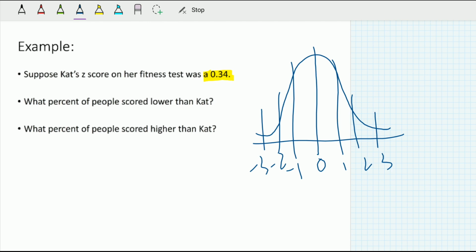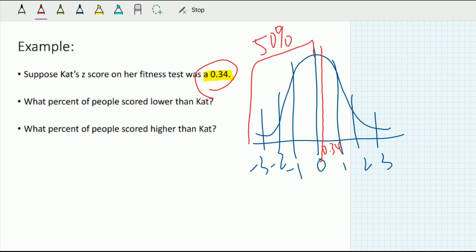So what happens when a z-score is a decimal that is not an integer? It happens quite frequently. For this one it's 0.34, so it technically lands somewhere right there. So I know it's 50% plus this little itty bitty section of percent right here.